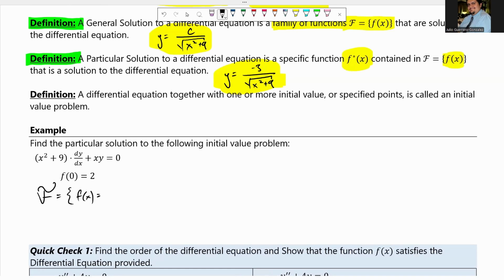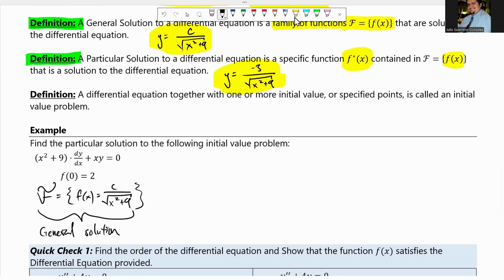F of x is equal to C divided by the square root of x squared plus 9. These are our general solutions. Got it?